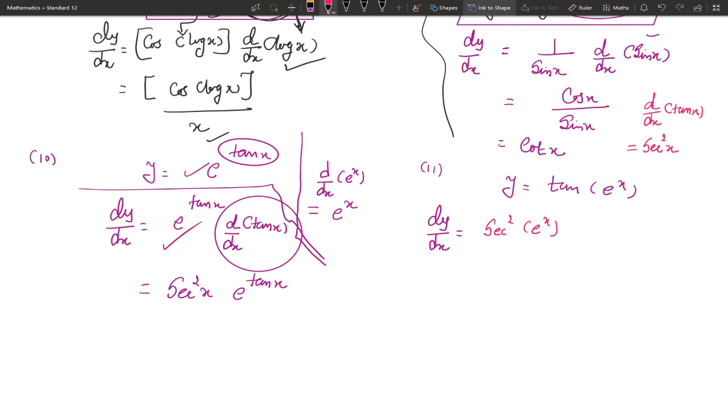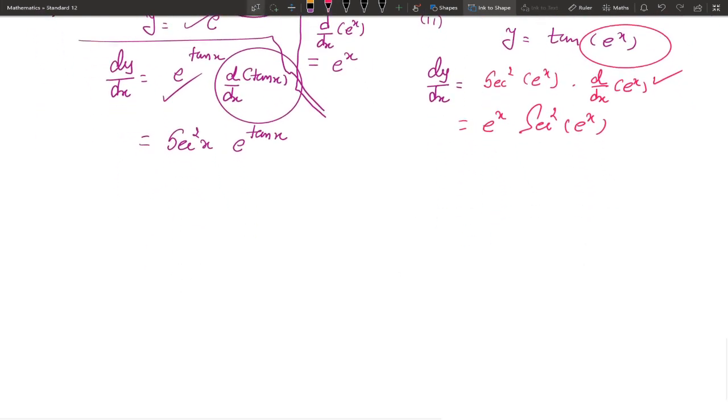So this is sec square e raised to x. Inside it is function of x, so by chain rule we have to differentiate d by dx of e raised to x. So derivative of e raised to x with respect to x is e raised to x, so e raised to x sec square e raised to x.